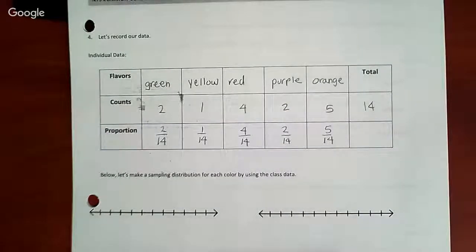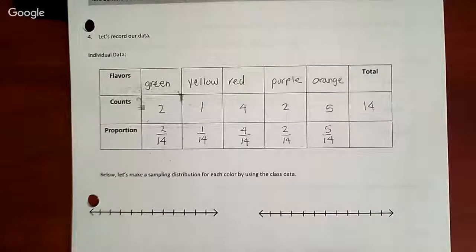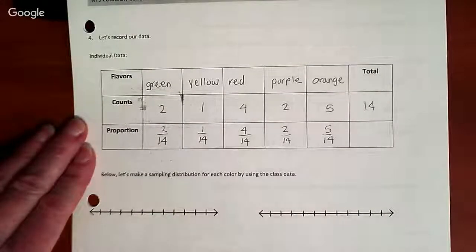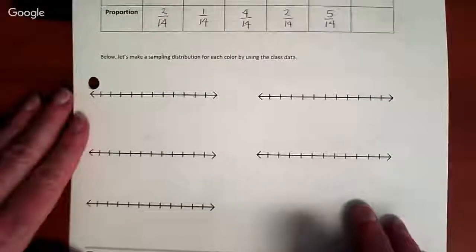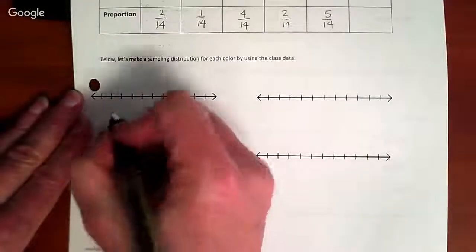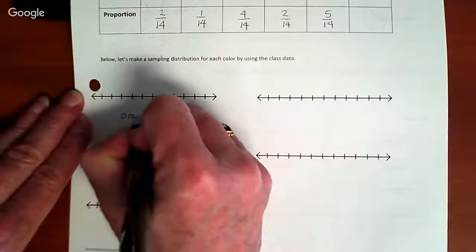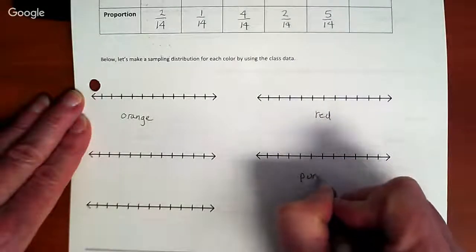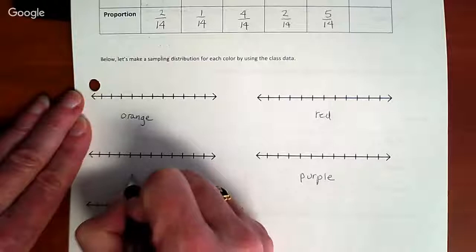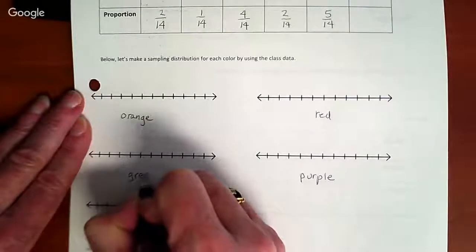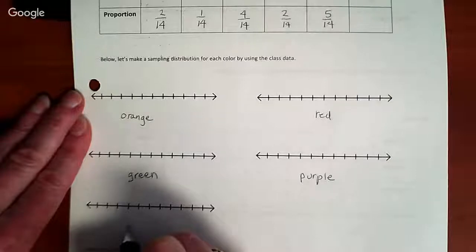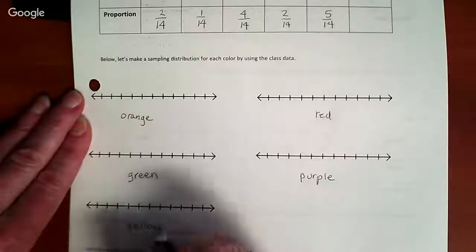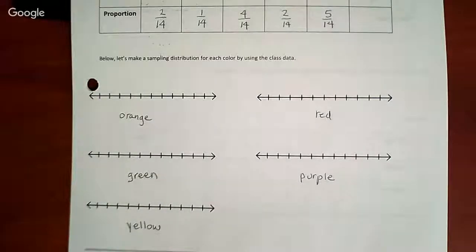So the next thing that you would do is to write it, and we are going to set up 5 different graphs, one for each color. And I actually had somebody in class do this for me.